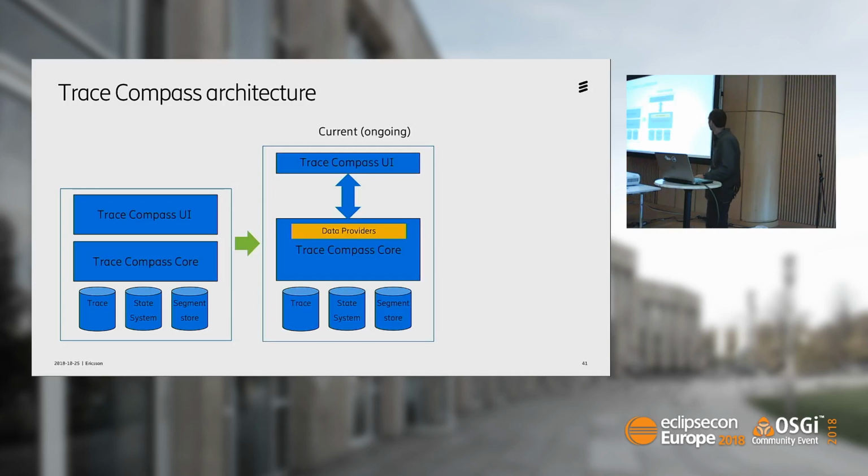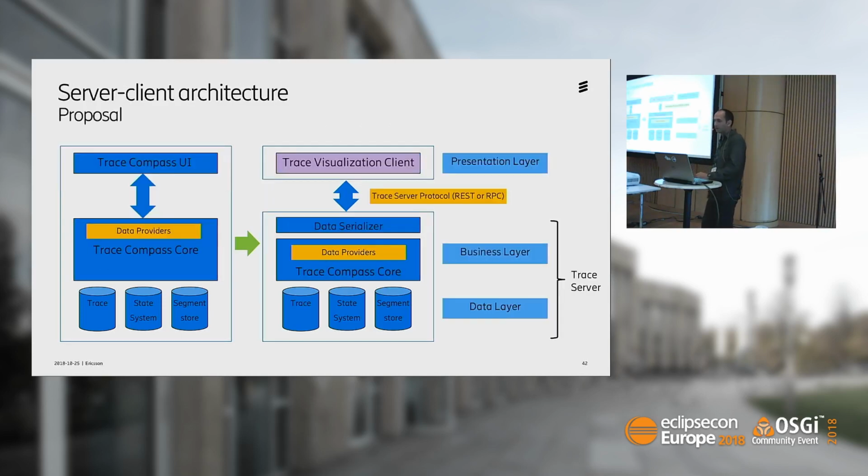So what we have done recently is some restructuring of our architecture. We added a concept called data providers. Going from the core components, we get the data in a way that is independent from the UI, and we can send it to the UI, which takes it and visualizes it.